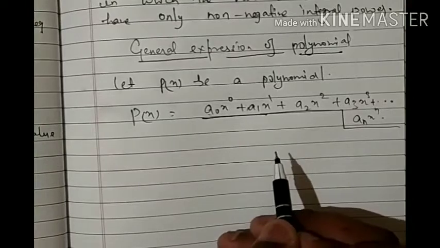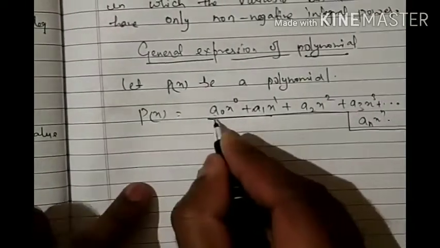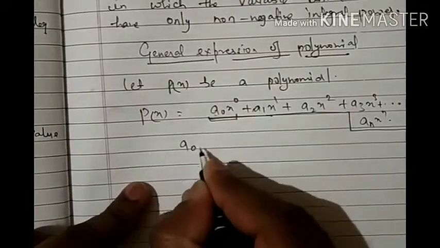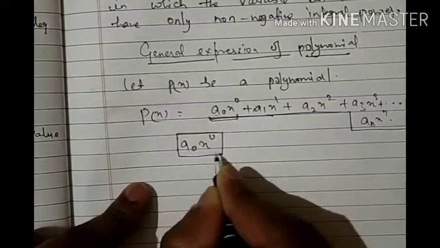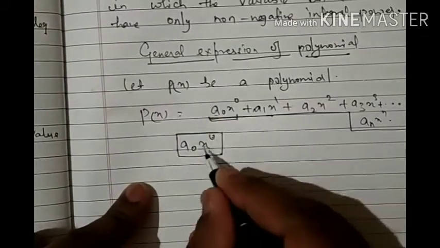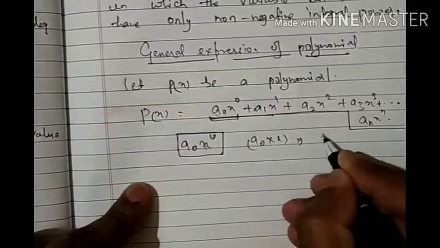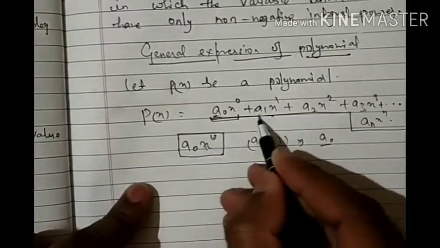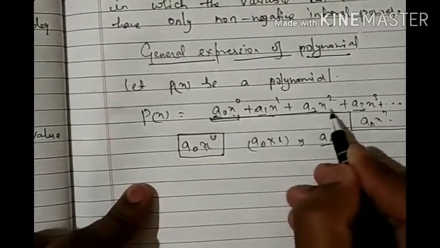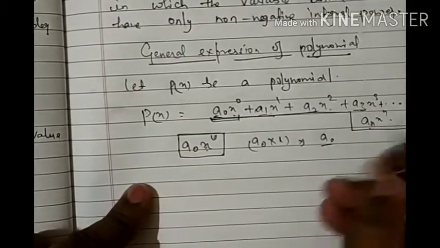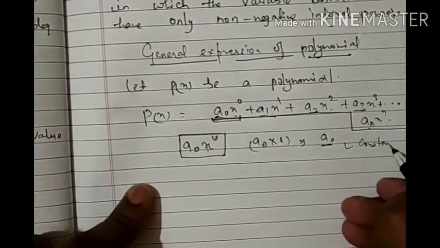Why is this expression so important? Let's take an example. First term, that is a0 x^0. Anything to the power 0 will be equal to 1. a0 multiplied to 1. What do we get? a0. And what is this a1, a2, a3? These are constant term because x we are using it as variable term. So a0 will be a constant term.